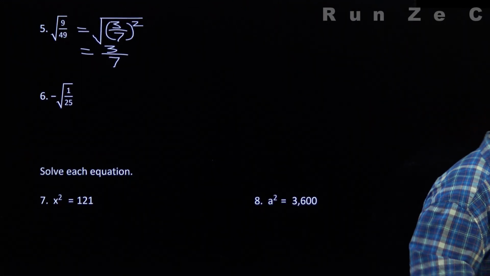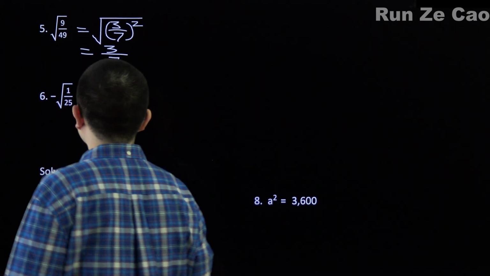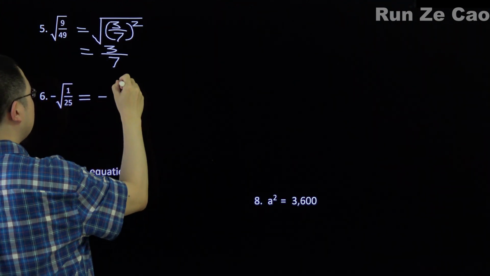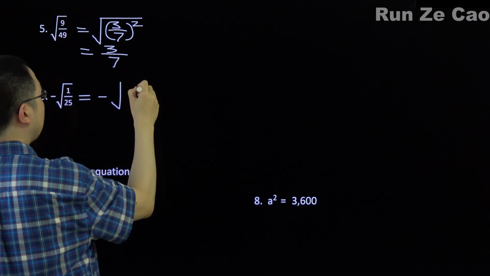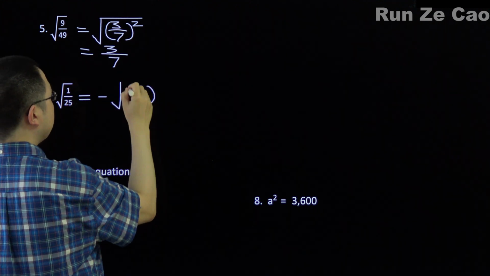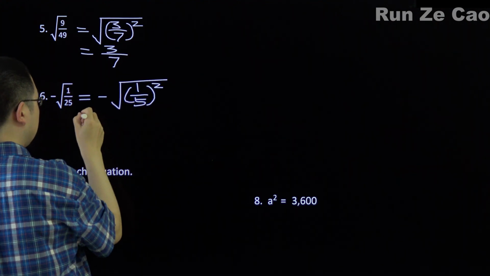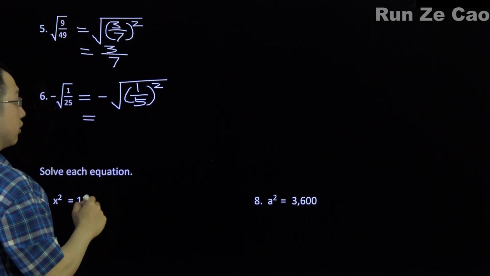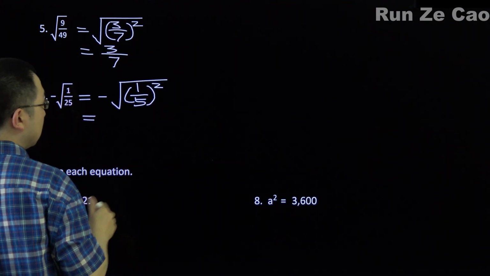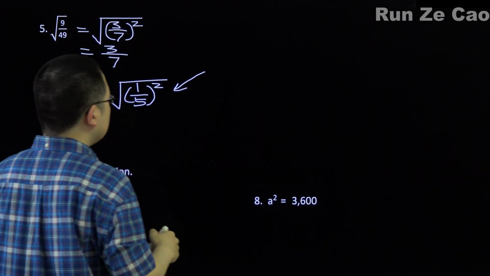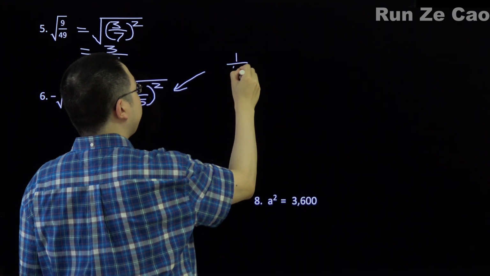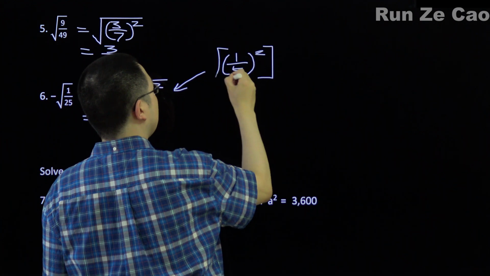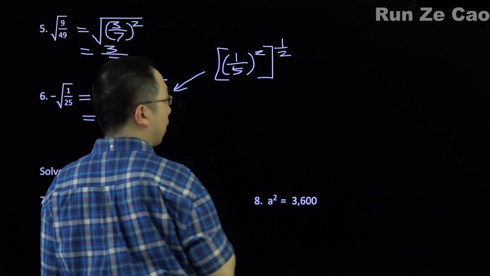And then negative 1 over root of 1 over 25, that's going to be negative square root of 1 over 5 squared. And so when we open the square root, the square inside also gets canceled out. Because what this is doing is saying 1 over 5 squared to the 1/2 power.